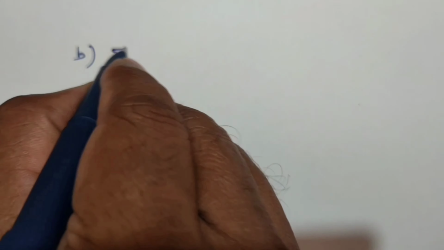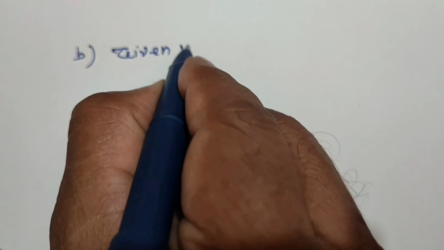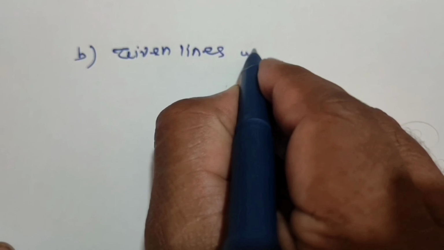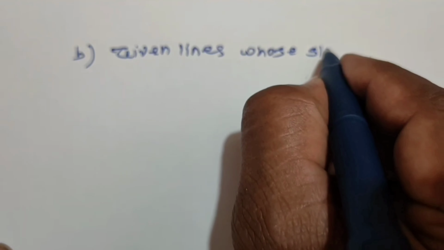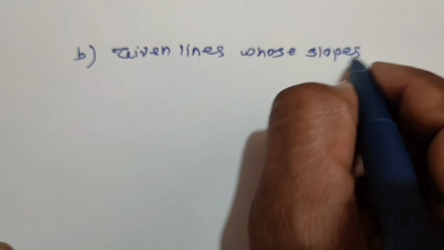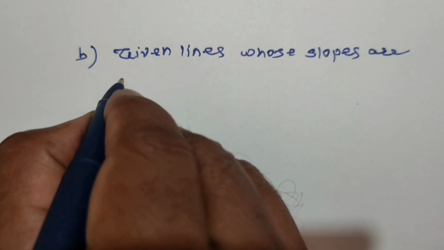Now let us solve example number B, where slopes of two lines are given, and here we have to find out acute angle between given two lines whose slopes are m1 and m2.